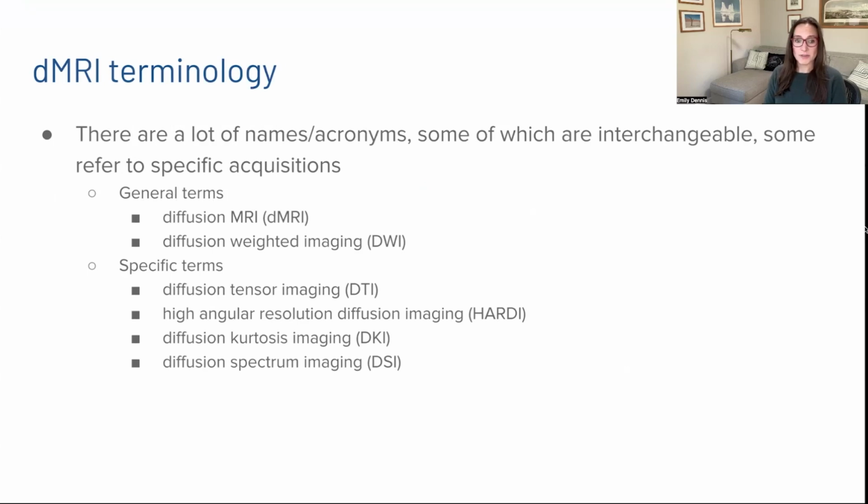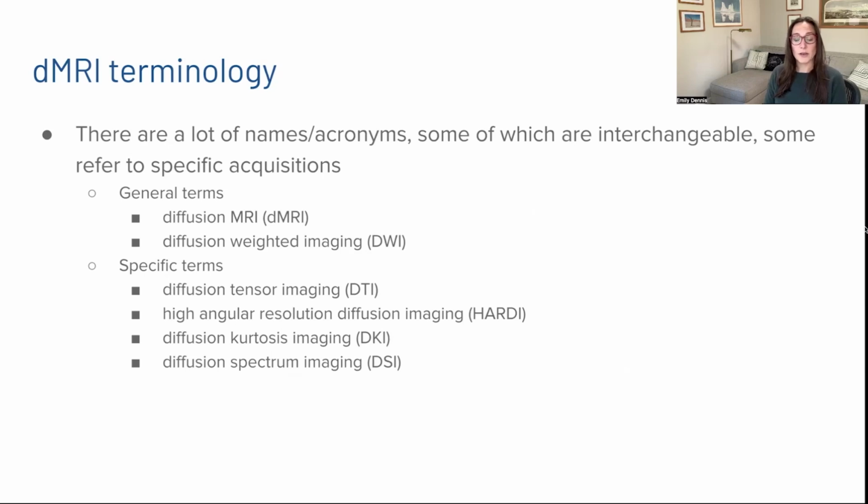Some specific terms that you might occasionally see used in a general sense, but they are supposed to be specific, are diffusion tensor imaging, DTI, high angular resolution diffusion imaging, HARDI, diffusion kurtosis imaging, and diffusion spectrum imaging. And these ones refer to specific ways of modeling the data or specific resolutions of the data.